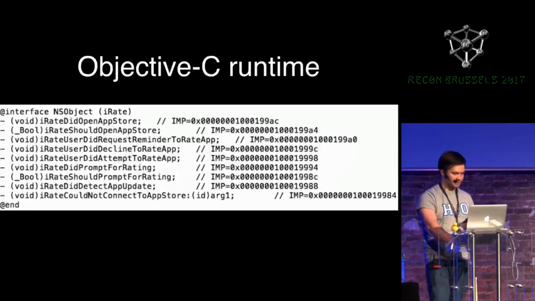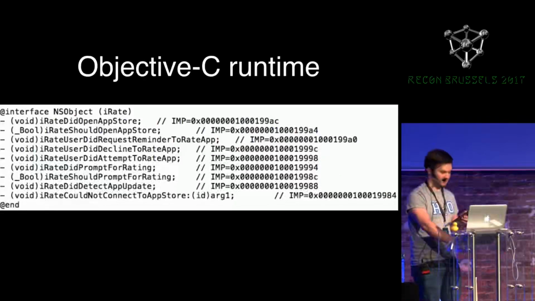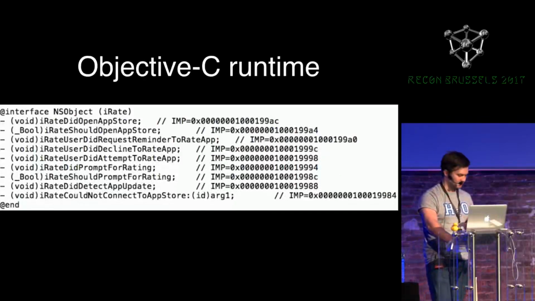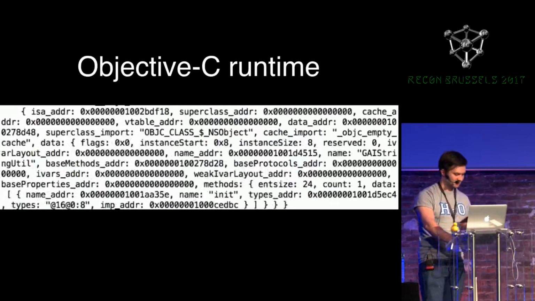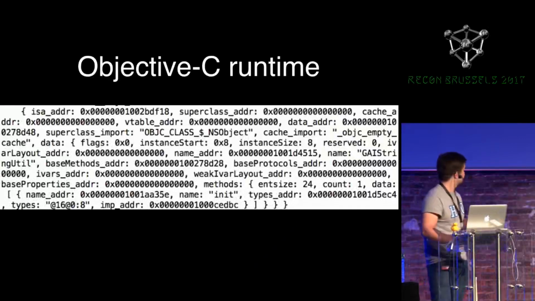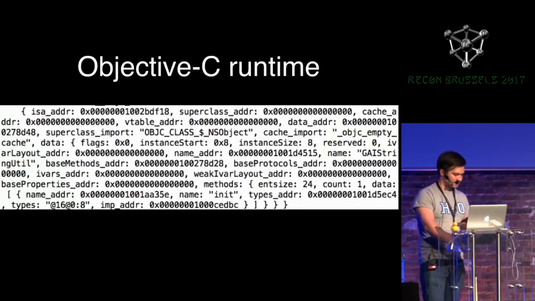So there is an example of a recovered Objective-C interface, and there is an example of recovered auxiliary information about an Objective-C class. There is an encoded signature for each method of the class.